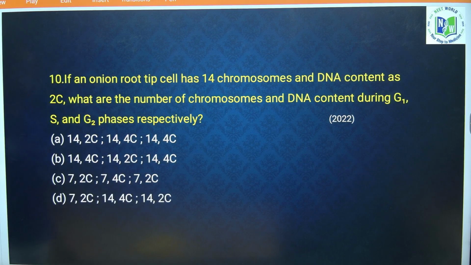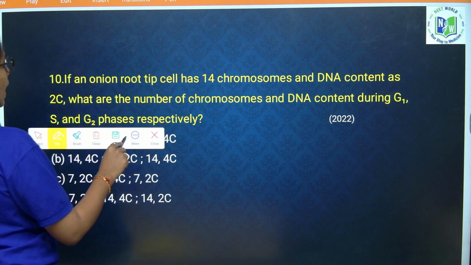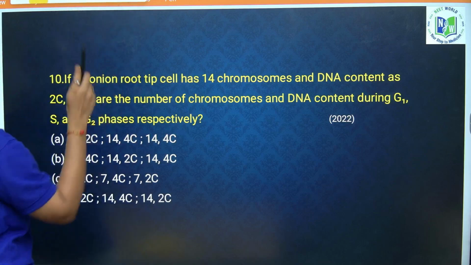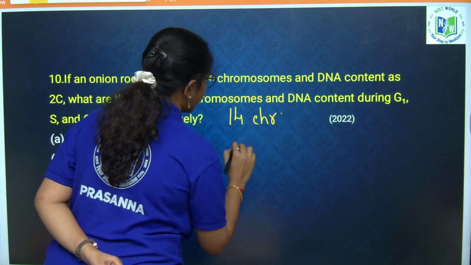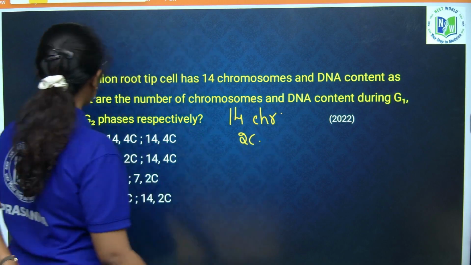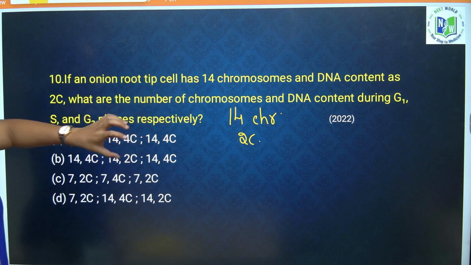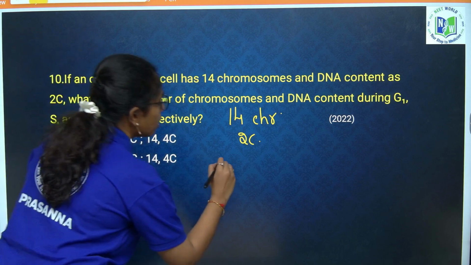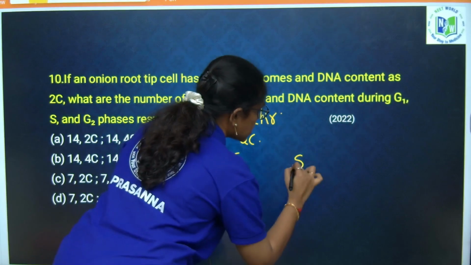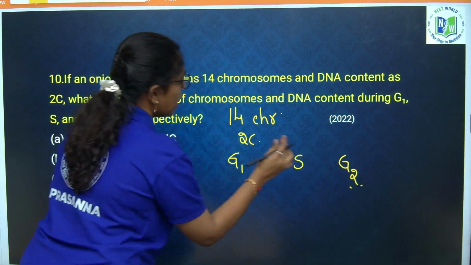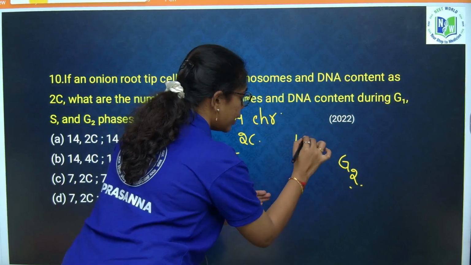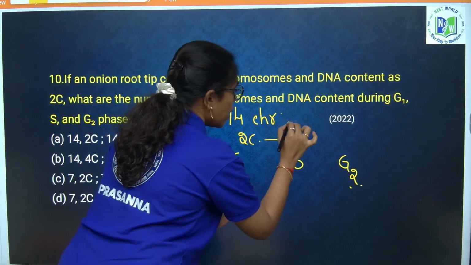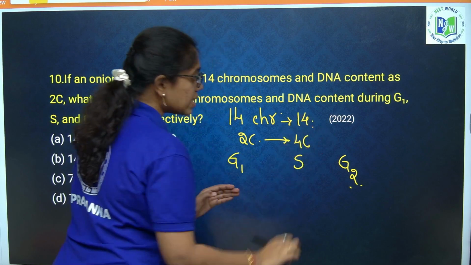If an onion root tip cell has 14 chromosomes and DNA content as 2C, he is asking the number of chromosomes and DNA content in G1, S and G2. In G1 it is the same chromosome number. In S phase, of course DNA doubling takes place, but the chromosome number remains the same.